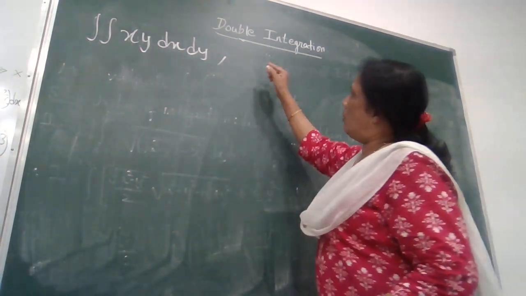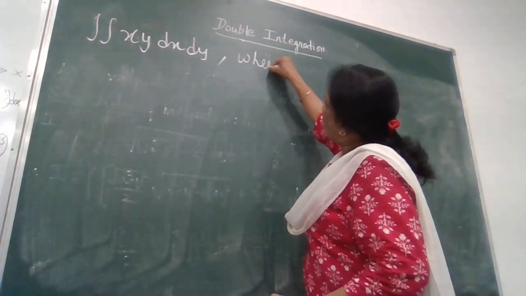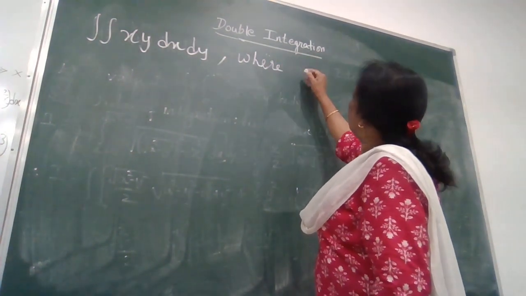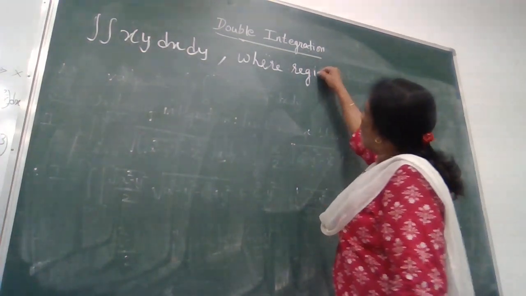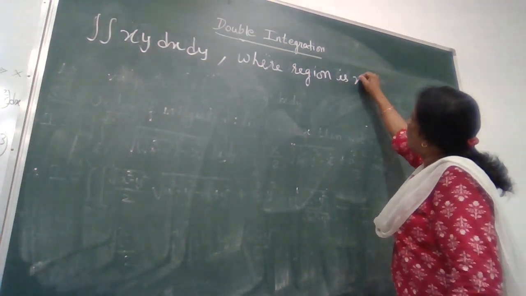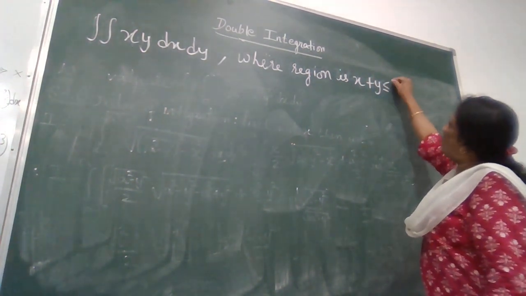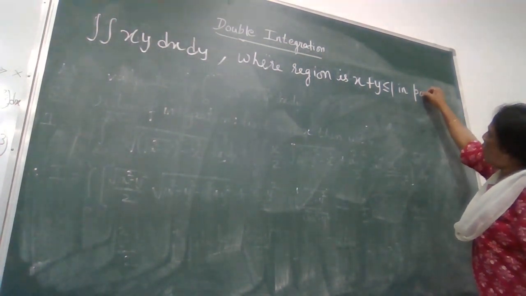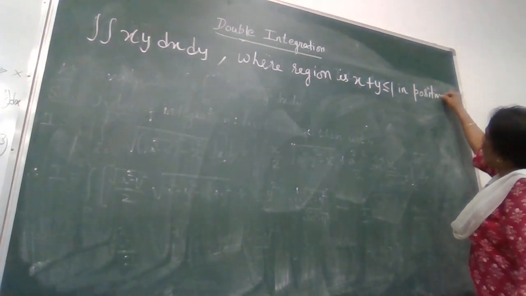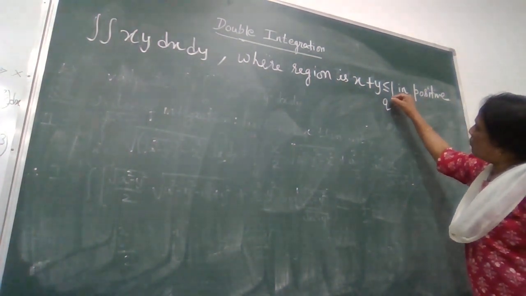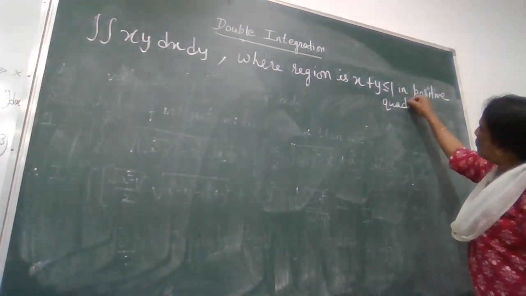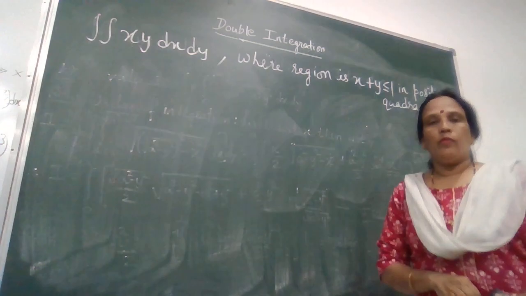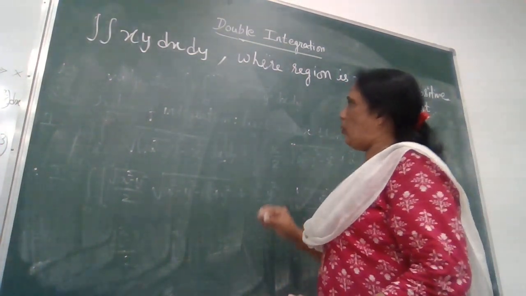Region of integration here is x plus y less than or equal to 1 in positive quadrant. So here first of all we have to plot x plus y less than or equal to 1.